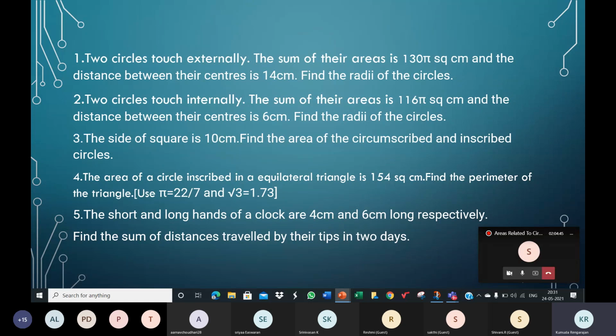So whatever answer we get, into 2 will be the distance traveled in 2 days, and distance means 2 pi r. For the short hand, you can say 2 pi small r, and for the long hand, 2 pi capital R. So it's distance, children, not area.